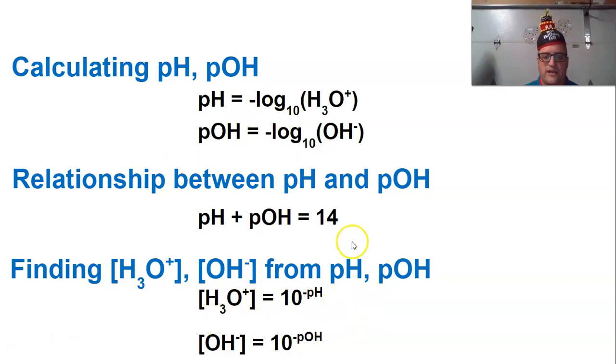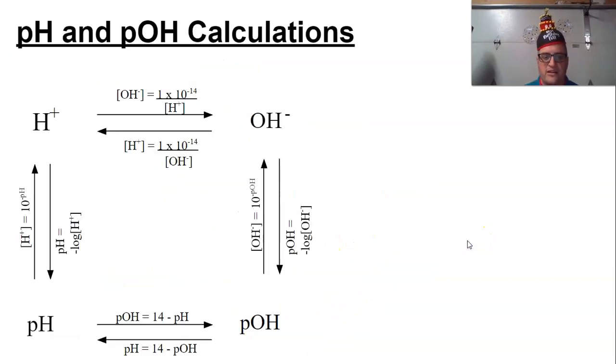This set of equations, which I think is summarized here, all comes together to get you those ideas. So if you have the hydronium and you need to get the hydroxide, boom, you can throw it in and get your hydroxide. If you have the hydroxide and you need your pOH, it's the negative log of the hydroxide.